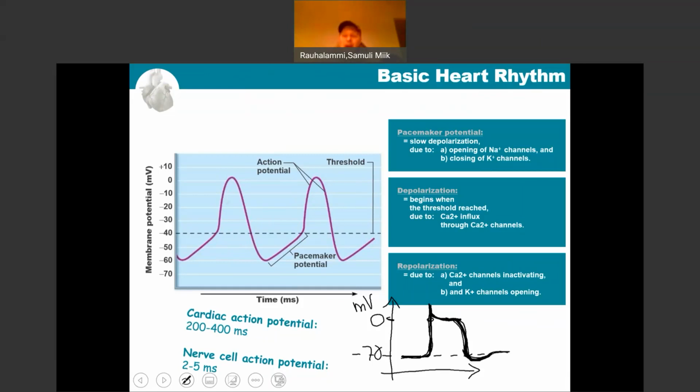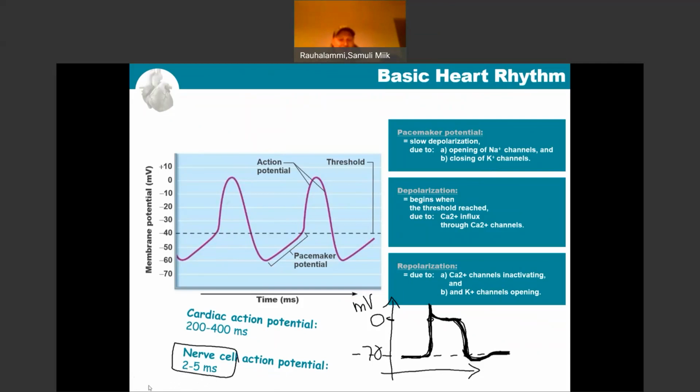And then the action potential was gone and the resting potential of the nerve cell returned to -70. So that was in a typical nerve cell. And one thing that you'll notice is that these action potentials take only a very brief amount of time, between 2 and 5 milliseconds or so.